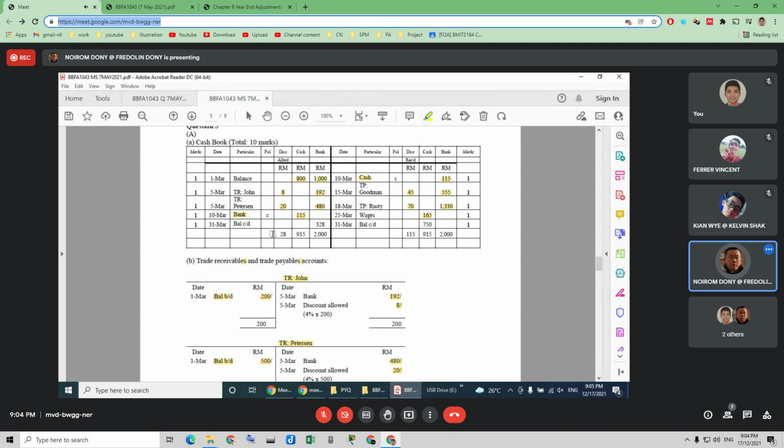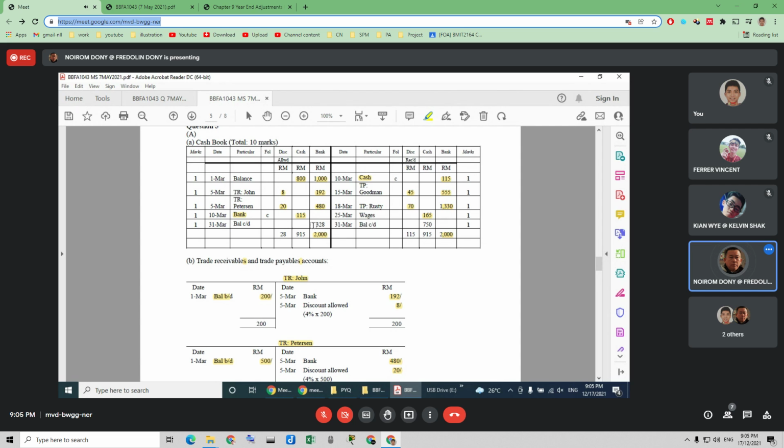So that's why you have a credit balance. Credit 2,000 is more than the debit side, so 2,000 minus 1,000, 192, 480, you get 328.